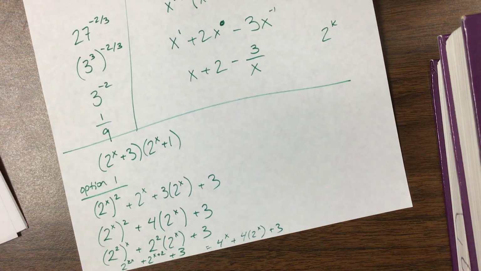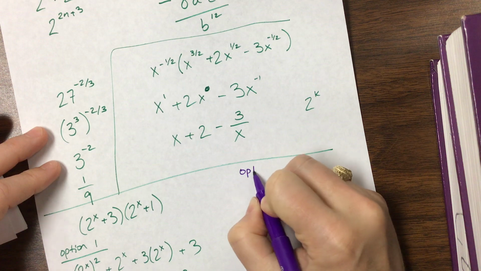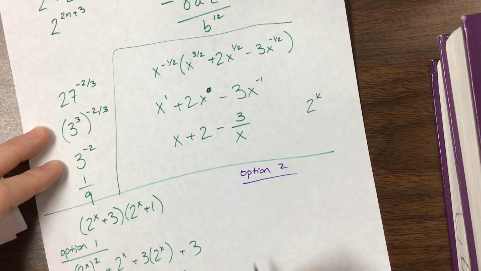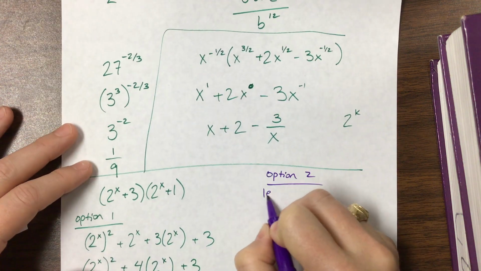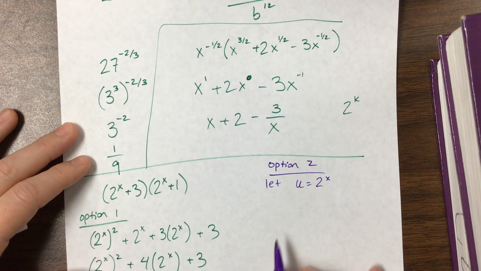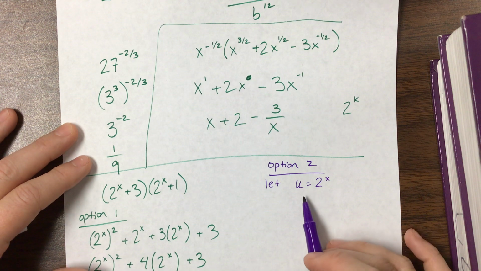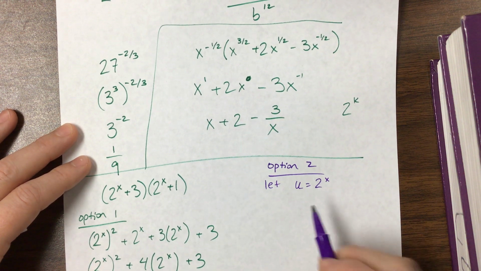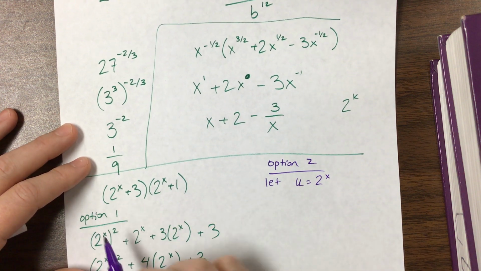Option 2 on this problem is to let a new variable equal 2 to the x. I like to use u, and you'll see that a lot in calculus. So let u, not me, but u, equal 2 to the x. I think I'm hilarious.